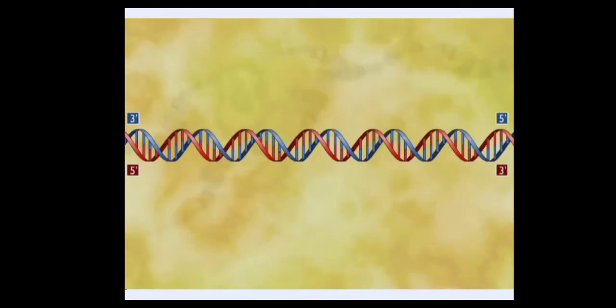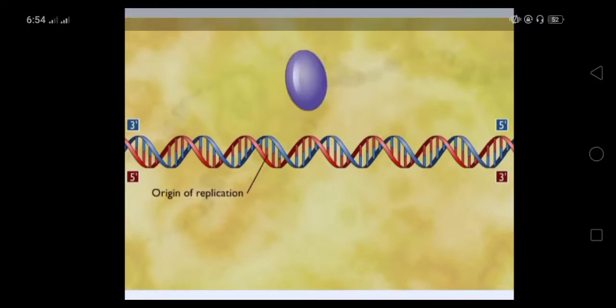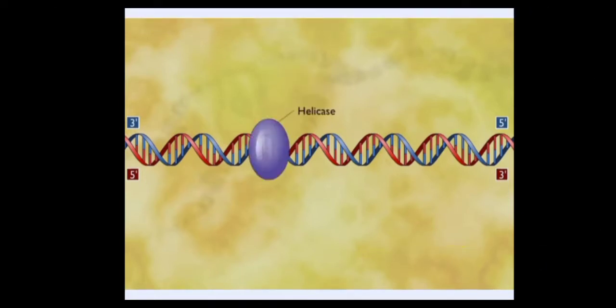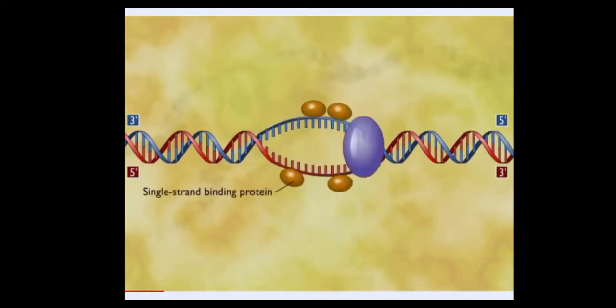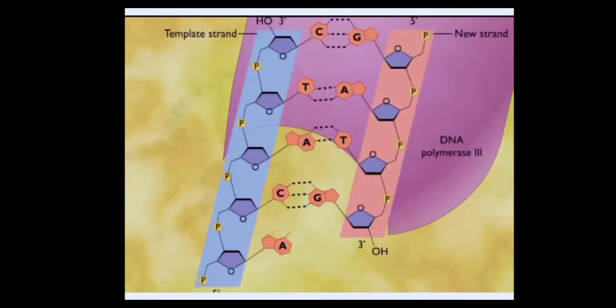The replication of DNA begins at the sequence of nucleotides called the origin of replication. Helicase unwinds the double-stranded DNA helix, and the single-strand binding protein reacts with the single-stranded regions of DNA and stabilizes them. DNA polymerase III is the major enzyme involved in DNA replication.